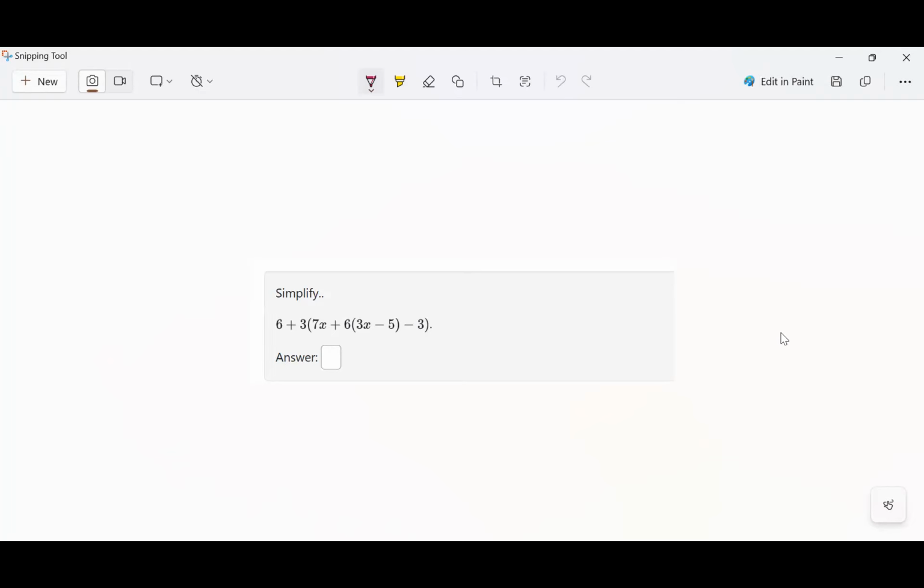Let's go over the solution. First of all, go to the innermost parentheses right there, and distribute 6 to both terms, then carry over everything else: 6, 3, 7x. Now 6 times 3x, we get 18x.